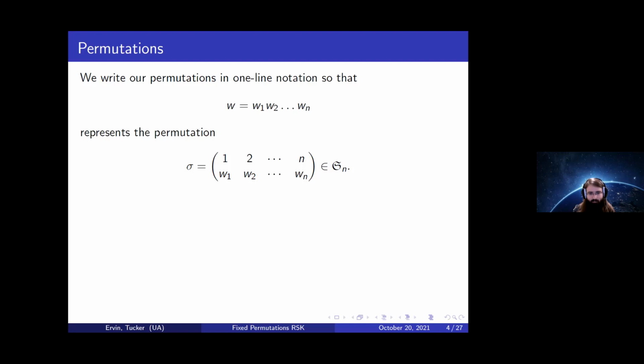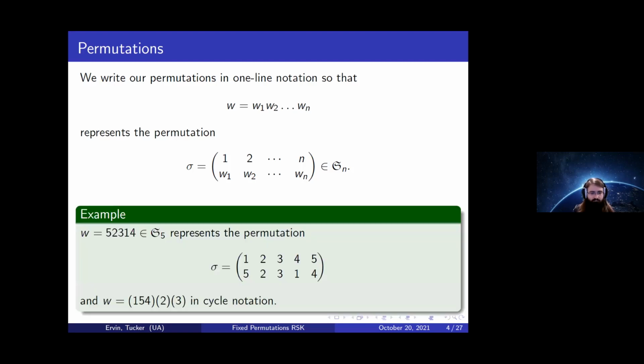And to write it in one-line notation, we just take the bottom sequence of this permutation and write it. It's really compact notation, makes calculations easy, really makes it easy to write it in line. So you don't have to build a new line or do a whole bunch of cycles that kind of break away from the text. It's just right there.